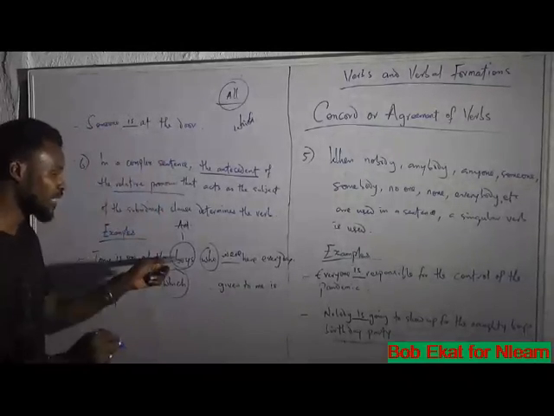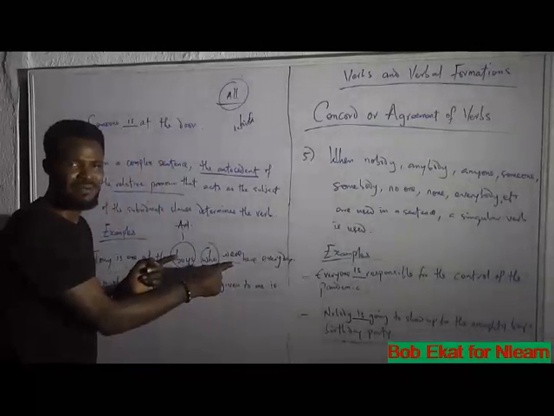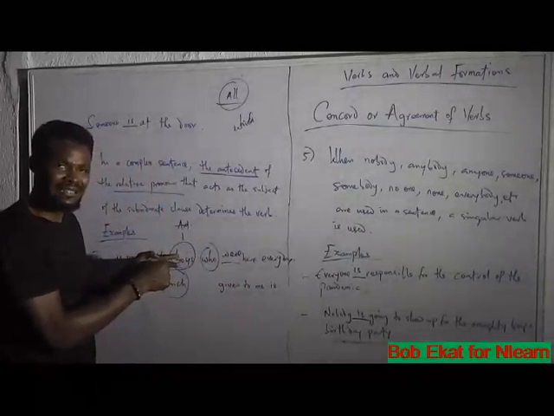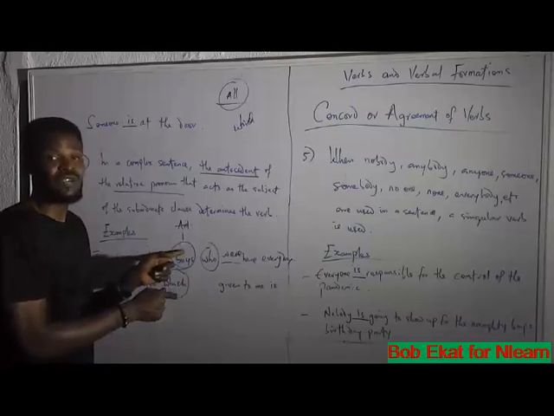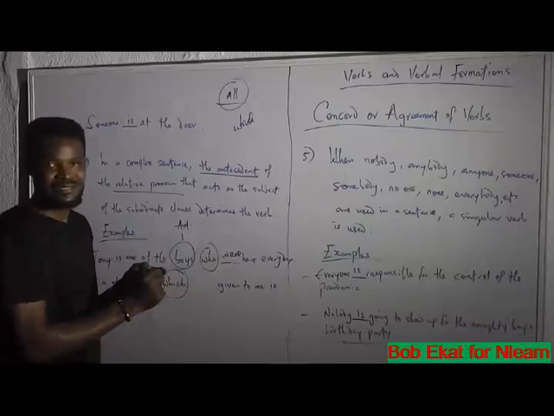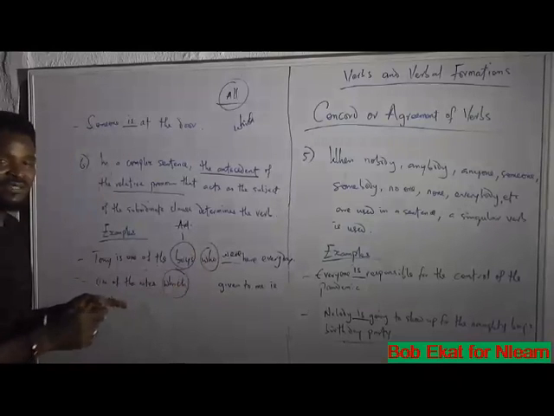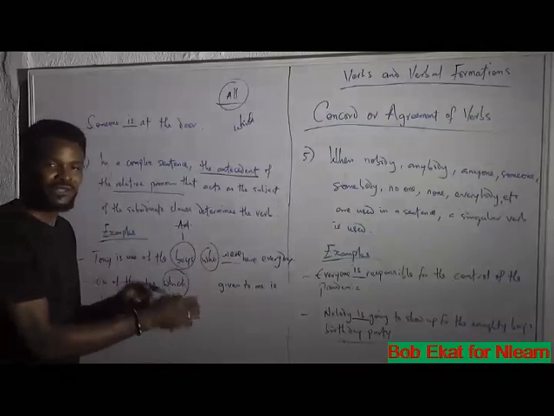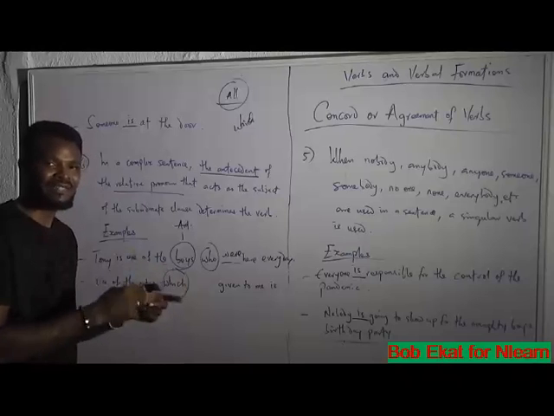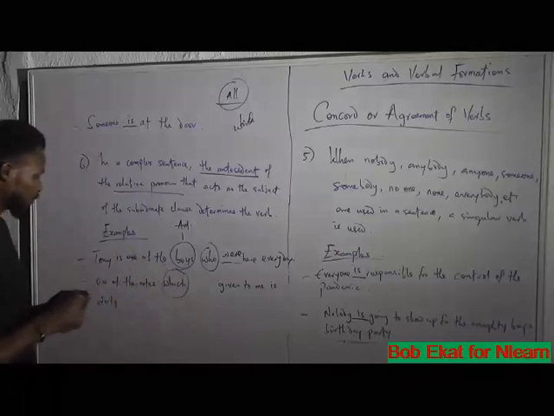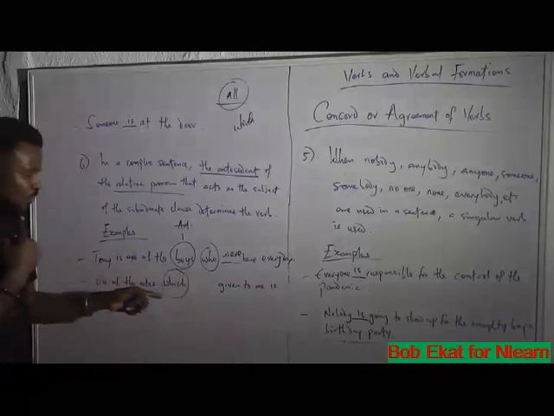Tony is one of the boys who were. What determines the verb here? It is this antecedent, which is in plural, boys. Boys were. And this is the relative pronoun. So at the point of seeing the relative pronoun, you need to look back at what the antecedent of the sentence is.